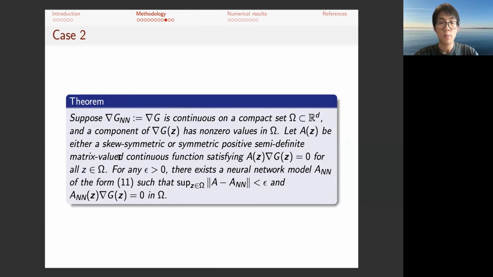And we let A be either a skew symmetric or symmetric positive semi-definite matrix valued continuous function, satisfying that A times gradient G is equal to 0. Then for any epsilon, there will exist a neural network model A that can be defined as before, such that it is close enough to the approximation target A in terms of the L infinity norm. And also the degeneracy condition A times gradient G will be equal to 0 automatically.